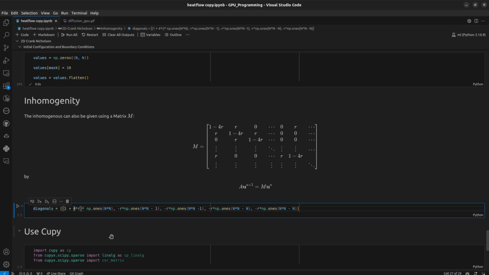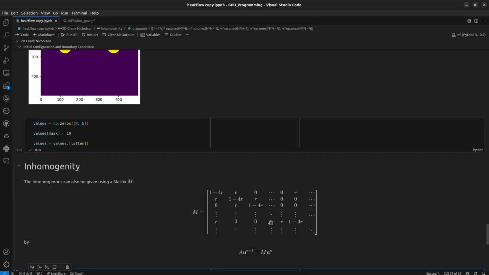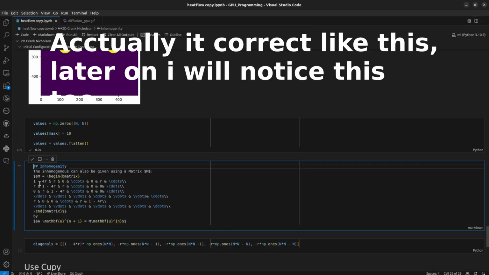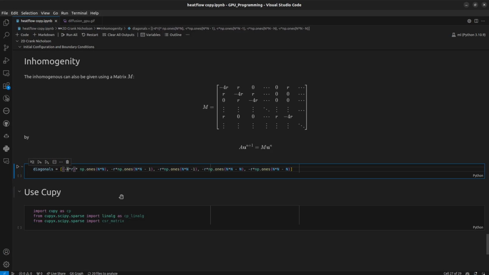I just noticed that here I wrote 1 minus 4r, but it should be just minus 4r. So we have minus 4r, and then all these others are just going to be r.